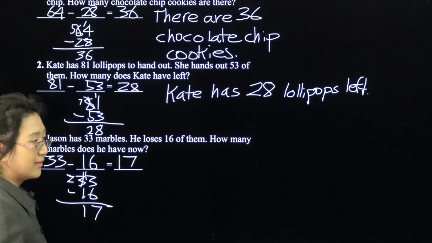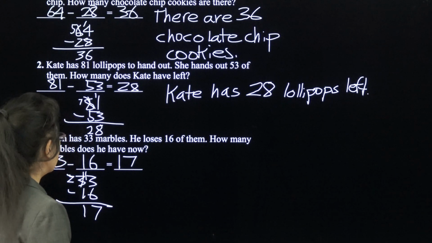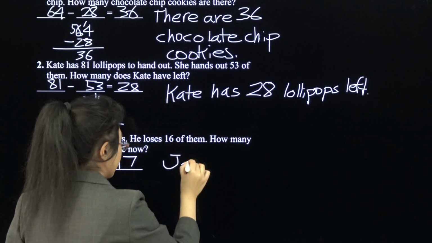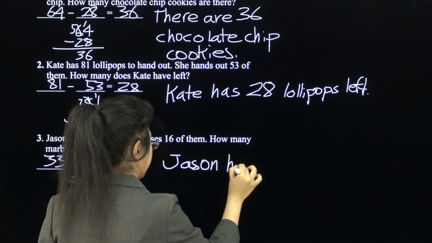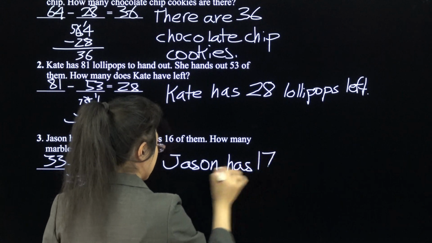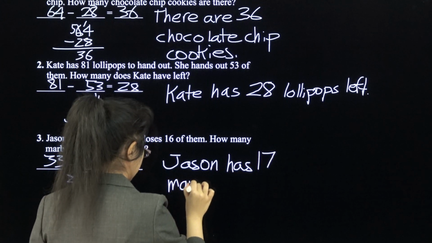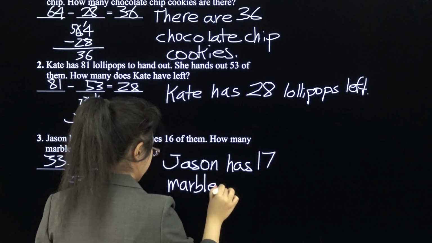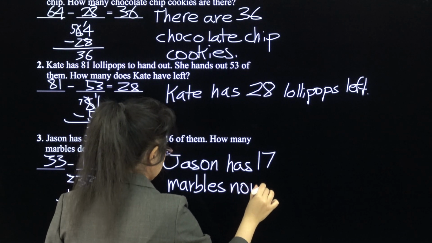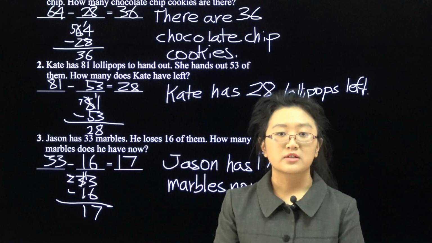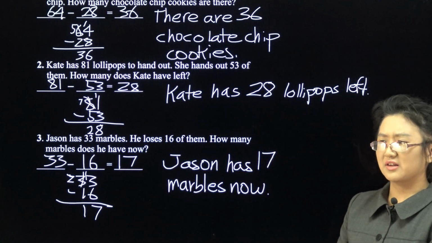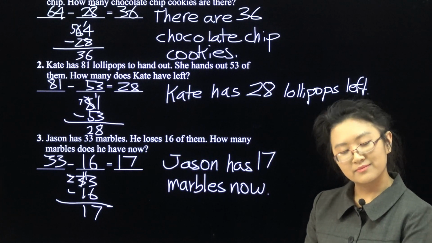Together, we get 1 ten, 7 ones, which is 17, and Jason has 17 marbles now. You can also write, Jason now has 17 marbles. Just make sure that your sentence is grammatically correct.